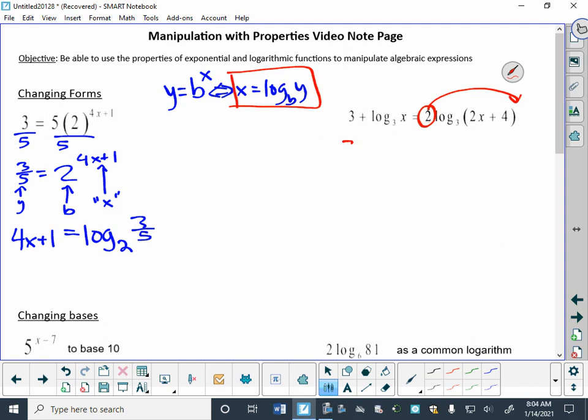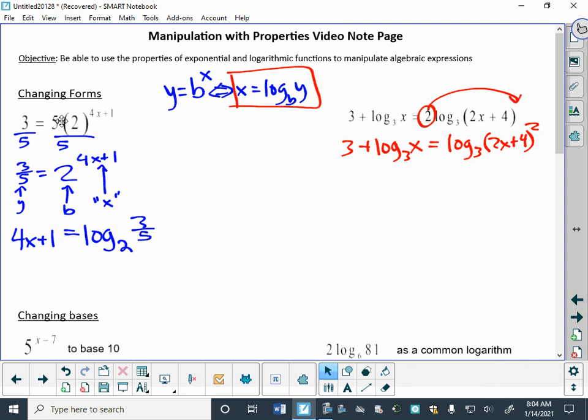So I could start by rewriting this as 2 log base 3 of x equals log base 3 of 2x plus 4 squared. Now, I mentioned the thing about not dividing by the 2 before, but the reality is that I could do that and probably still get to a valid answer on this. So there's lots of different ways that we can approach this.